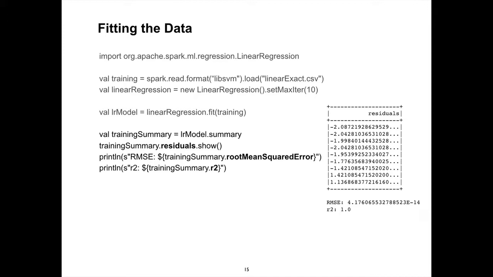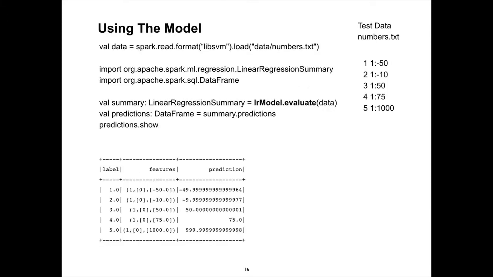And it's telling us that, which is good because we're dealing with basically a straight line, right? So now, how do we use the model? I read my data, and then there's an evaluate method on the model, which you pass the data to.